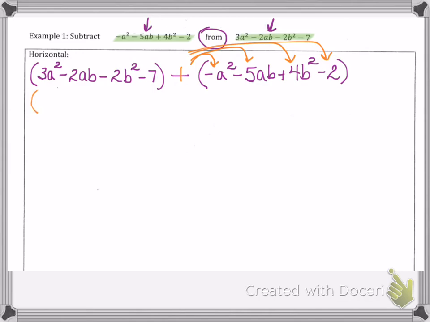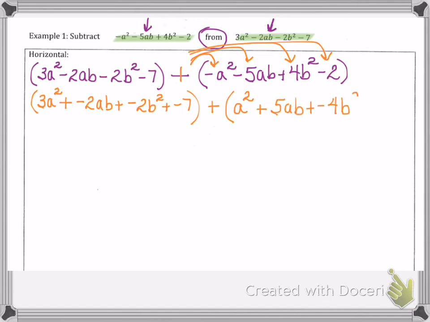We've still got the first polynomial, 3a squared, plus negative 2ab plus negative 2b squared plus negative 7. So nothing really changed except rewriting the subtraction. Plus, the opposite of negative a squared is positive a squared. Opposite of negative 5ab is positive 5ab. This becomes a negative 4b squared and a positive 2.